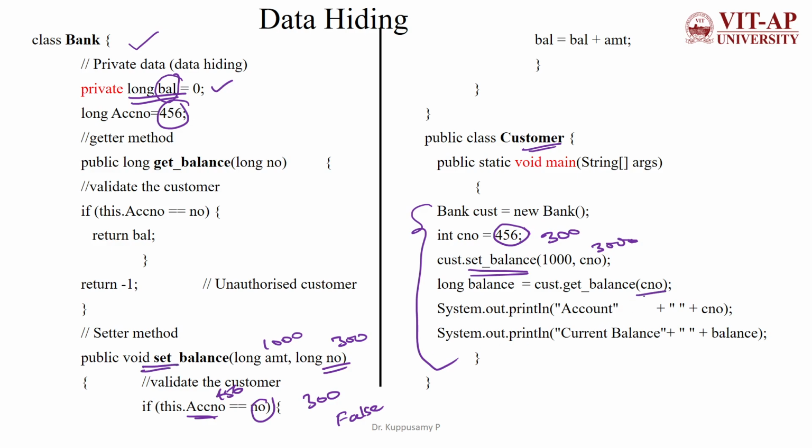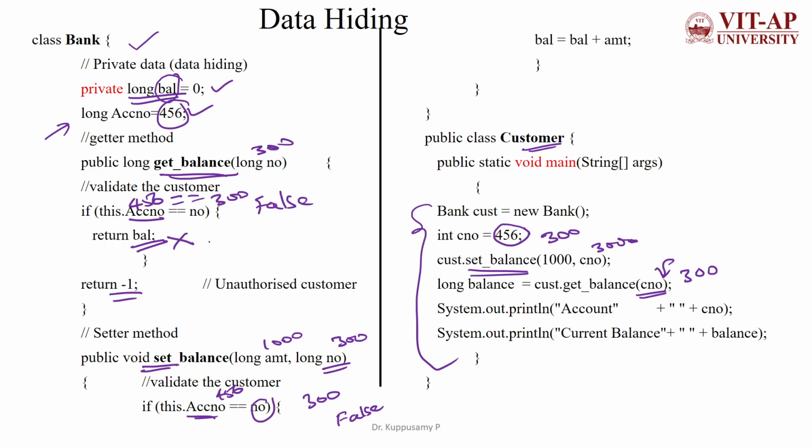Likewise, when you pass the c number 300 to the getter method, 456 equal to 300 becomes false. The if block will not execute, so it returns -1, which means unauthorized customer. So 300 is an unauthorized customer as per account number 456.